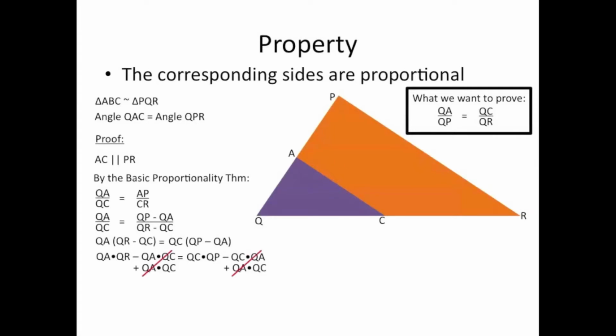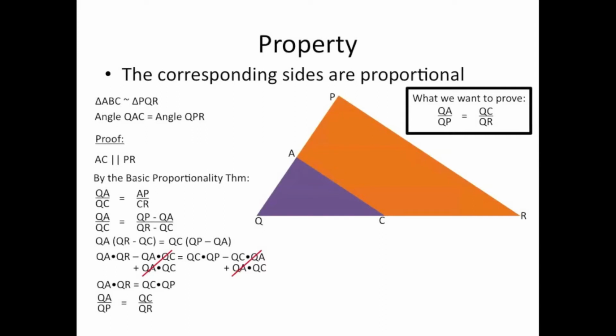In our new equation, we're left with only QA times QR equal to QC times QP. Using cross multiplication, we can rearrange this as QA over QP is equal to QC over QR.